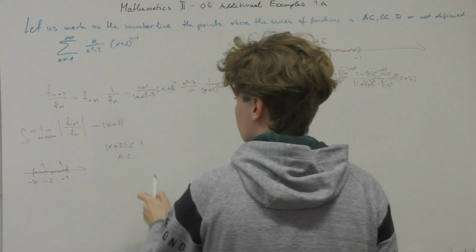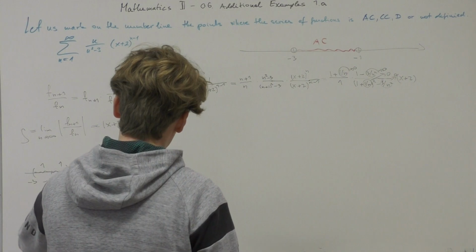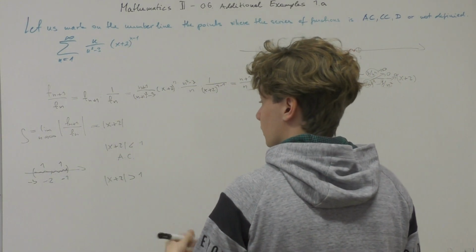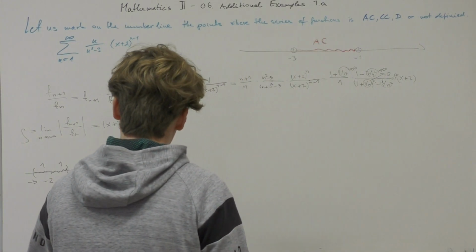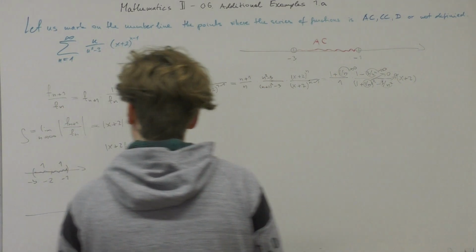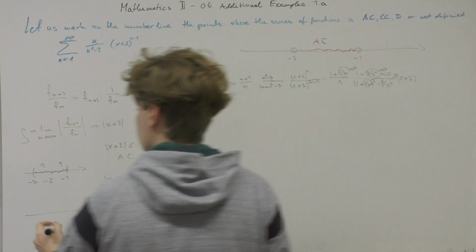The next step is to investigate the case when the absolute value of x plus 2 is greater than 1. So the test tells us that these are the points where the function series is divergent. And if you take a closer look, this will be the outside of the previous interval.